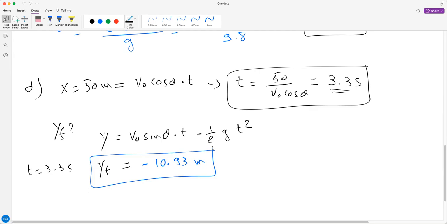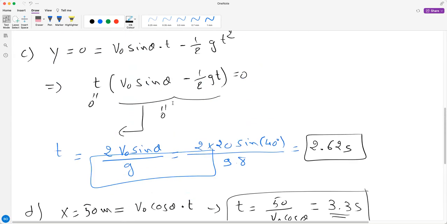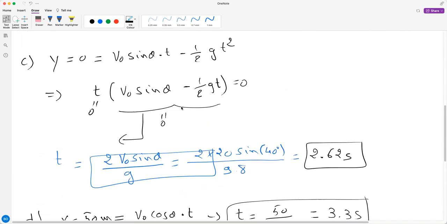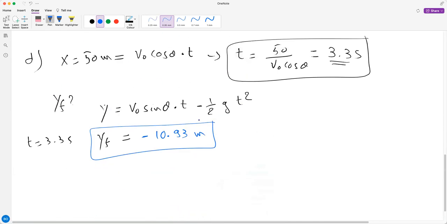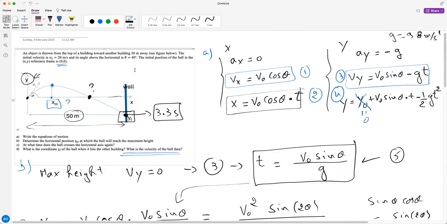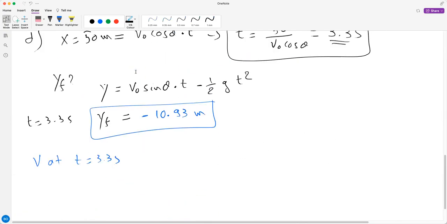The last question is to calculate the velocity of the ball at that time. So let's look at the total velocity at time 3.3 seconds. If we want to calculate the velocity, all you have to do is to replace.